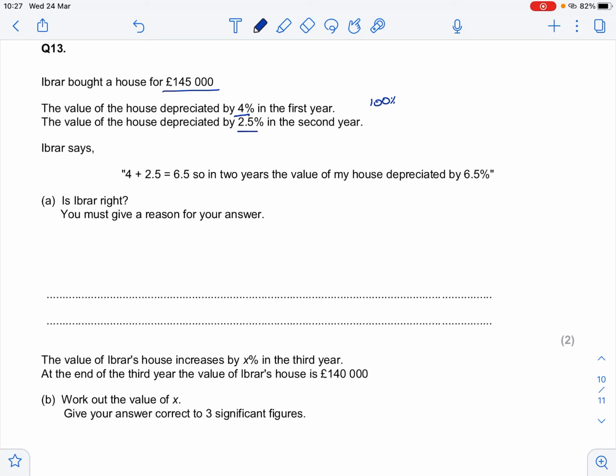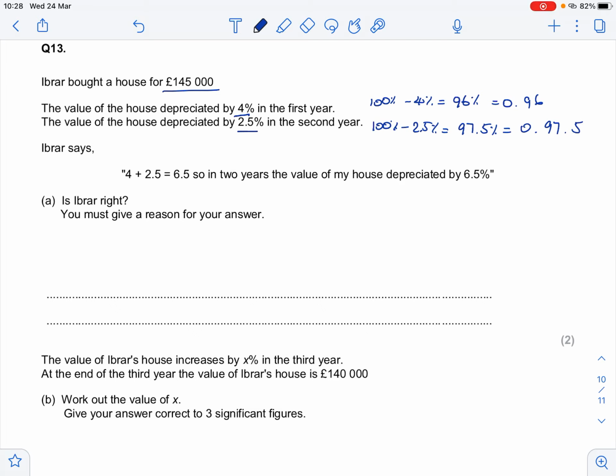We start with 100% and decrease by 4%, so he's left with 96%. As a multiplier, this is 0.96. For the second year, again we start with 100%, this time decreased by 2.5%. That is 97.5%. Changing into a multiplier is 0.975.